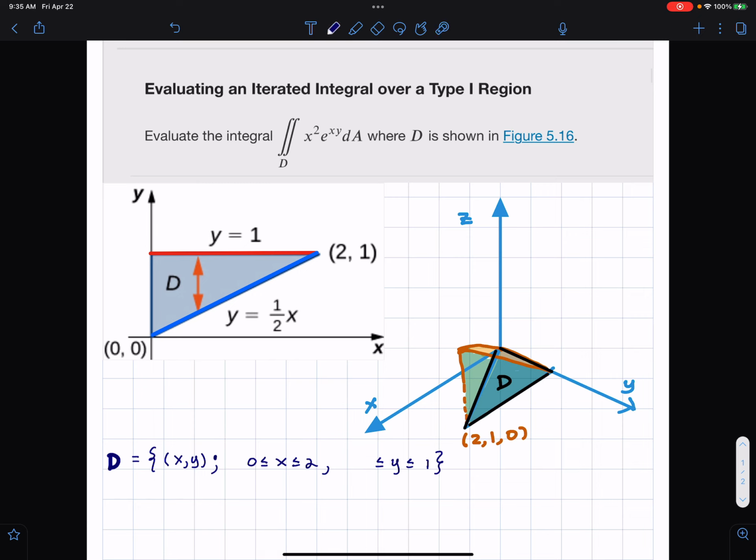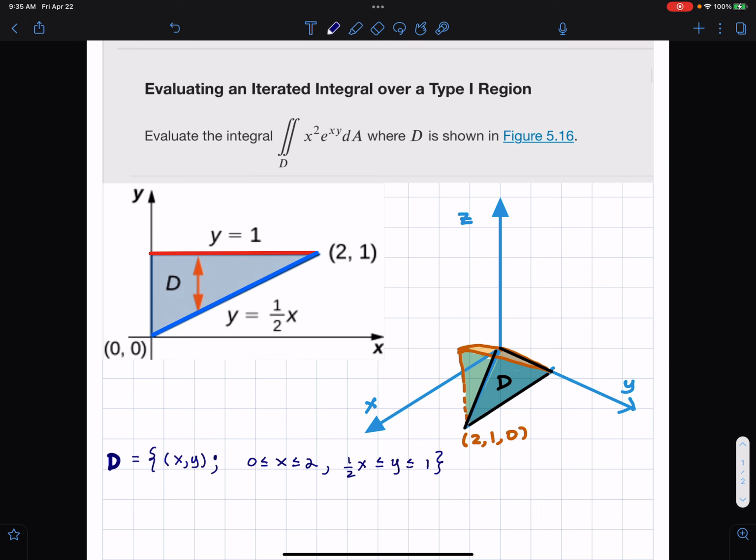So we have two functions. The y is greater than this function, which is on the bottom. If I put a y coordinate in the set, that y value is greater than the y value on that blue line there. That blue line is given by y equals 1/2 x, but it's less than the value on the red line, which is 1.